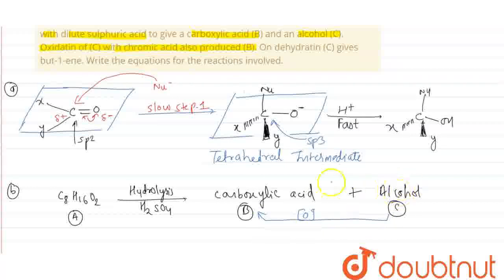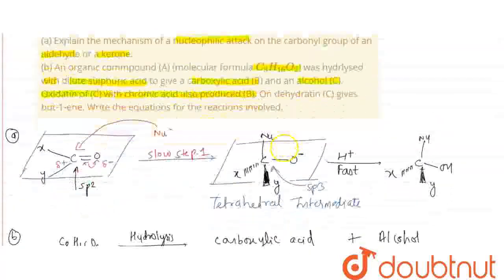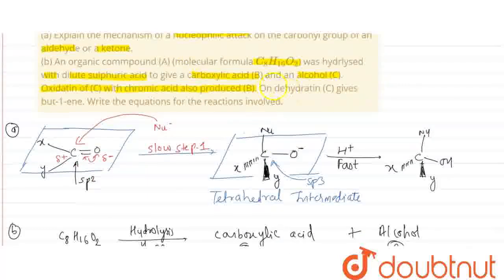Means oxidation of alcohol gives a carboxylic acid. Further information is given that on dehydration of C, it gives but-1-ene.